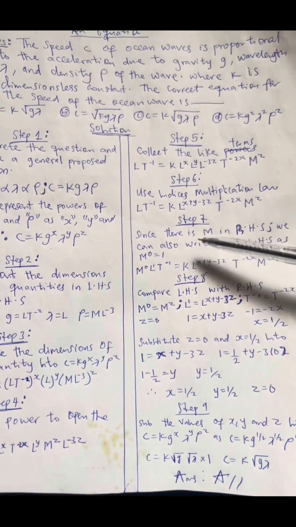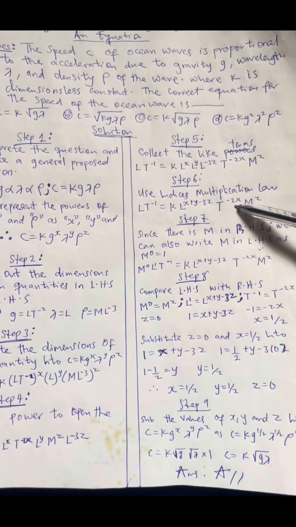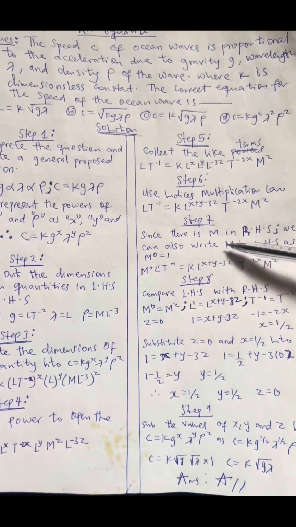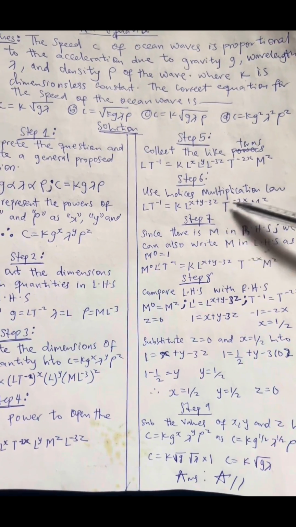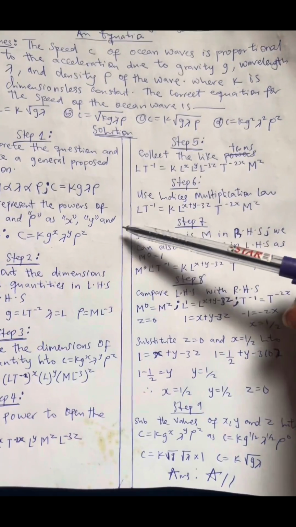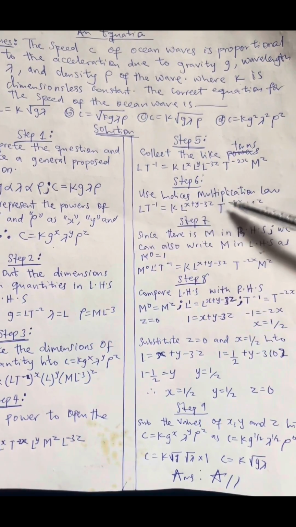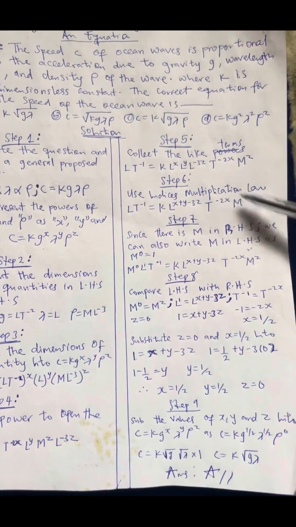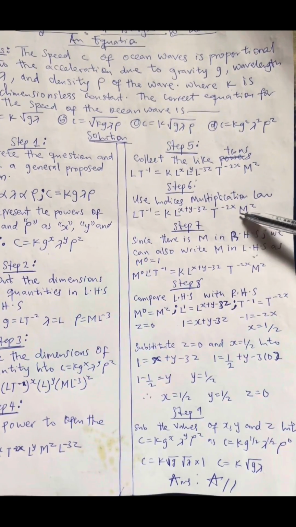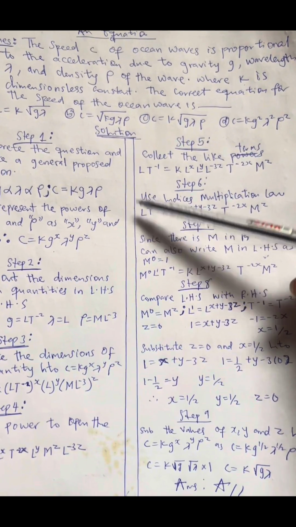In step 7, since there is M in the right hand side, we can also write M in the left hand side. All the quantities in the right hand side must be written in the left hand side. There is L here, there is L here, there is T here, there is T here, but there is M here, and there is no M here. So we can bring M to the left hand side.